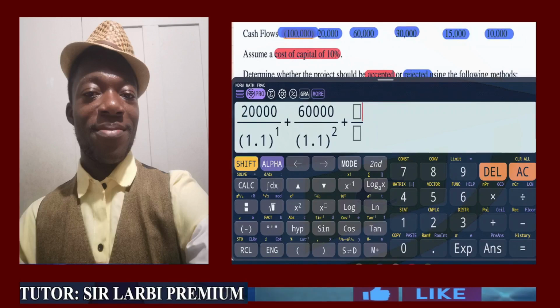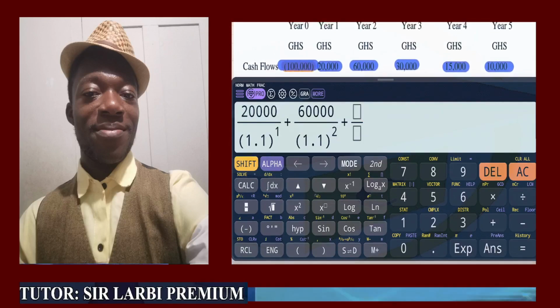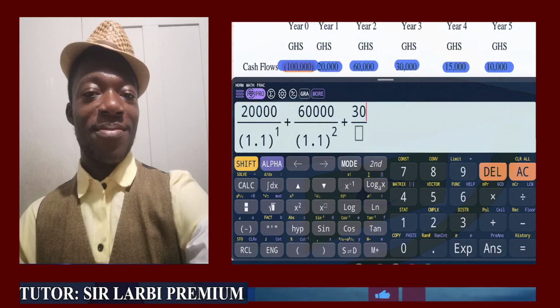Then year three, we have 30,000 divided by 1.1 to the power 3.